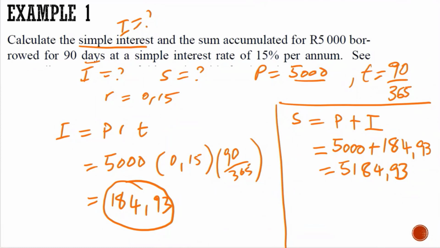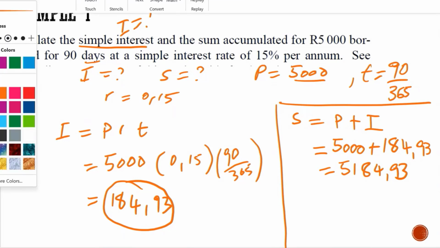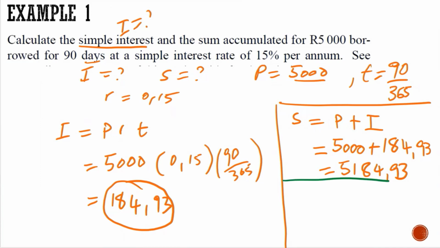But there is another way whereby you can calculate the accumulated amount. Maybe you don't like this formula. You can use a longer method. Remember, there's another formula which says S is equal to P into 1 plus RT. This is yet another formula to calculate your accumulated amount.